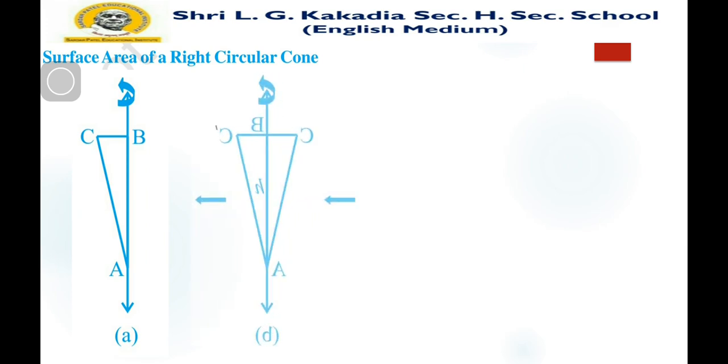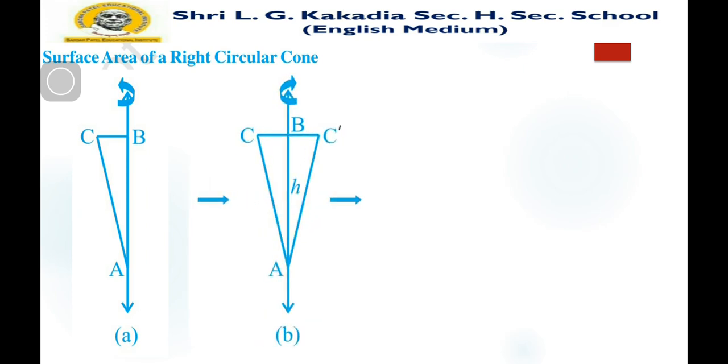So, surface area of a right circular cone. First we draw a right triangle, given here as ABC. As you can see in this figure, if we rotate it in a vertical way, then we get such a shape.